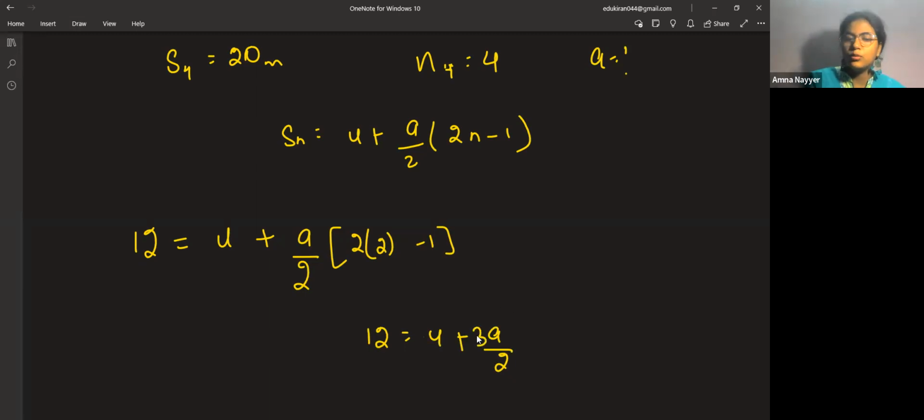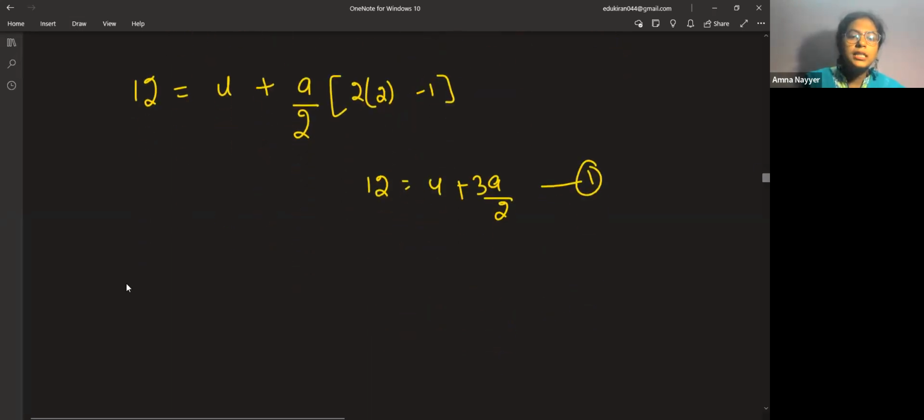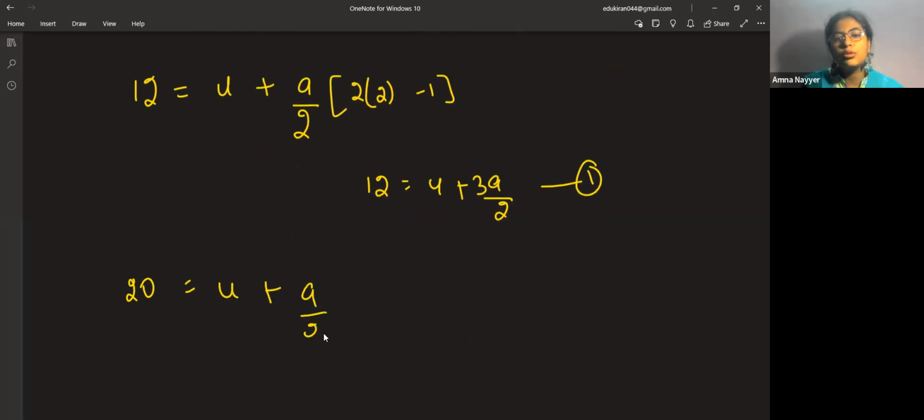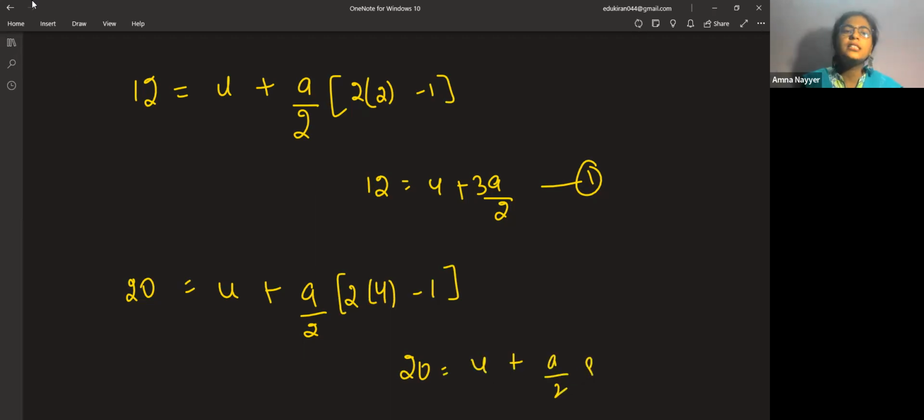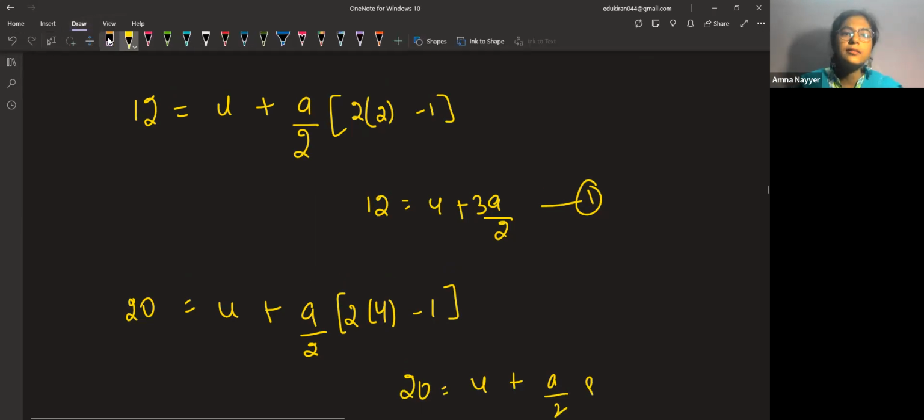So 3a by 2, right? This is your first equation. The second equation will be 20 is equal to u plus a by 2, n was given as 4, so 2 into 4 minus 1, which is 7.